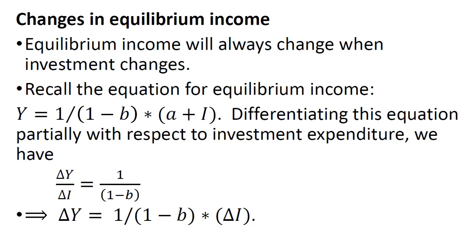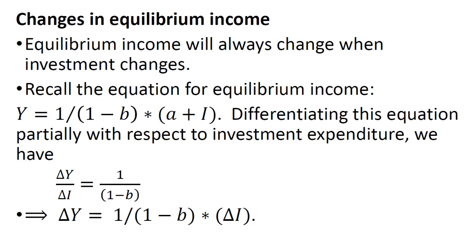So we can measure this quantitatively. For instance, if you take the equivalent national income, which is Y is equal to 1 over 1 minus B times A plus I, and you differentiate this function with respect to investment, you have the 1 over 1 minus B, which is the multiplier.